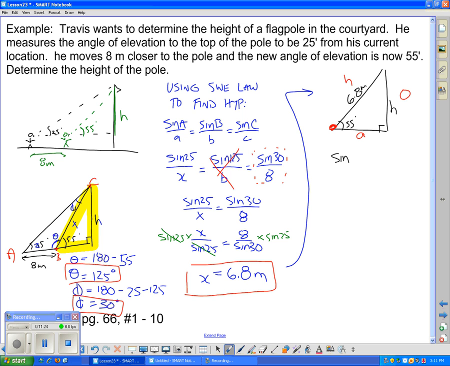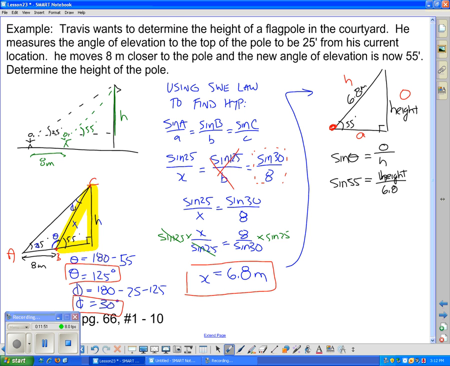So that means I'm going to use sine theta equals O over H. So sine of 55 equals the height. I hate using H so many times here, just because it matches up with hypotenuse. So I'll put the word height in, over the hypotenuse, which is 6.8.